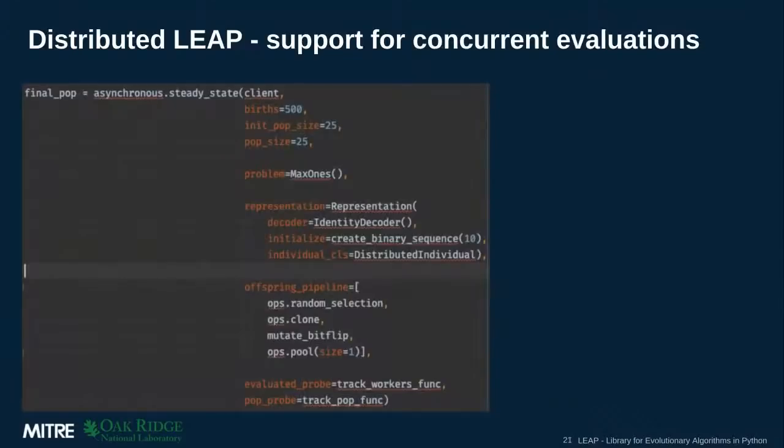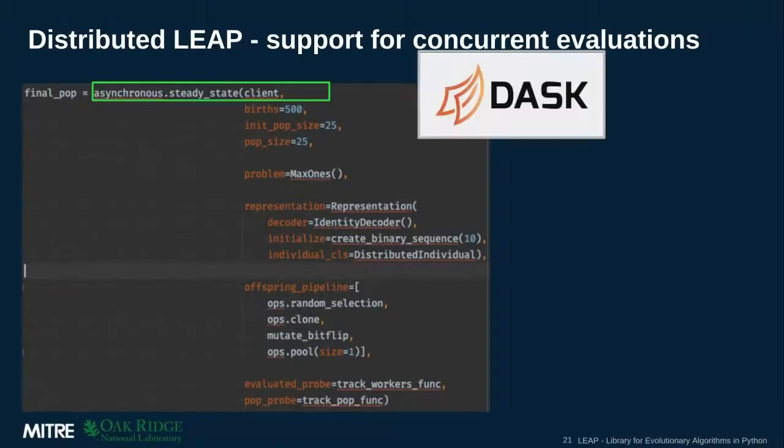Next. So here's how LEAP supports that. This is another metaheuristic, and it looks very similar to the one that you saw before. And unlike generational EA, it is literally called asynchronous steady state. Next. And how it works under the hood is we use a third-party Python package called Dask.